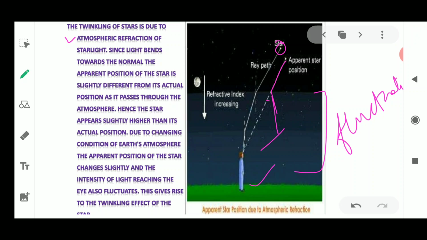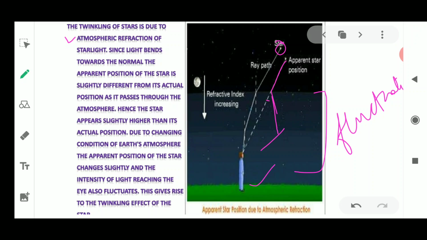So because of the continuous refraction of light, the stars change their position from the normal, meaning where they are actually present.